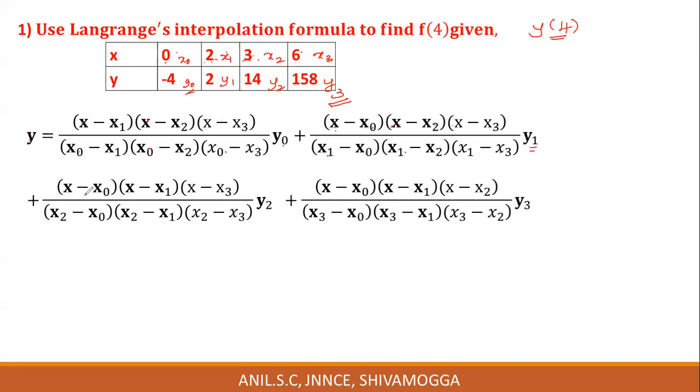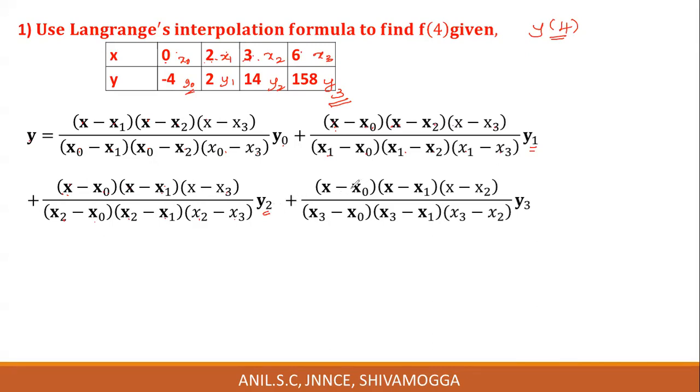Here x2 will not appear in the numerator. x minus x0, x minus x1, next term is directly x minus x3. No x2 will appear in the numerator. Divided by, replace x by x2 now: x2 minus x0, x2 minus x1, x2 minus x3, into y2, plus the fourth term.